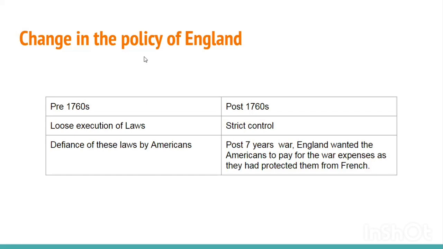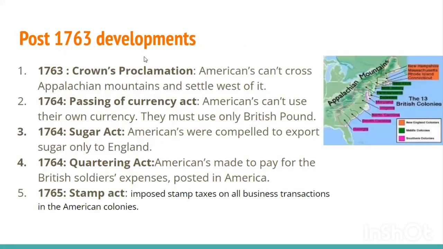So now you are going to pay us for the entire expenses of the war. So after 1763, British control over these colonies becomes more and more stringent, and they started imposing many acts. These acts were now very strictly executed. If the acts were not followed, Americans were punished.